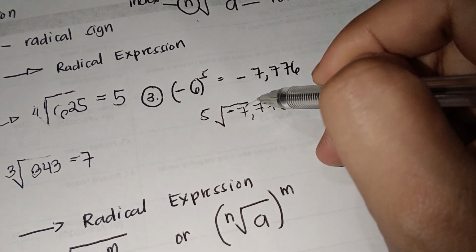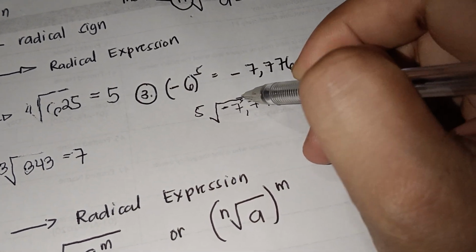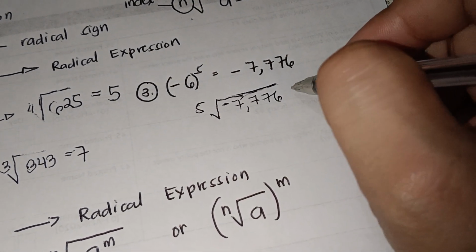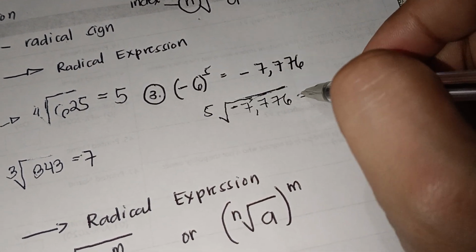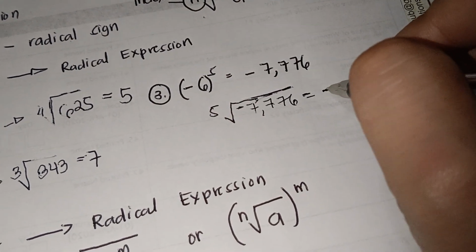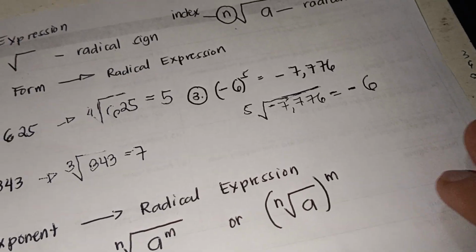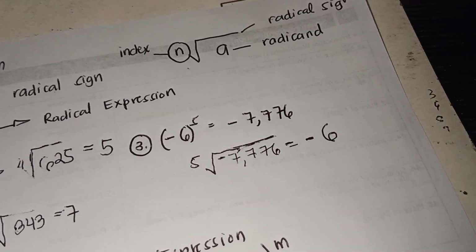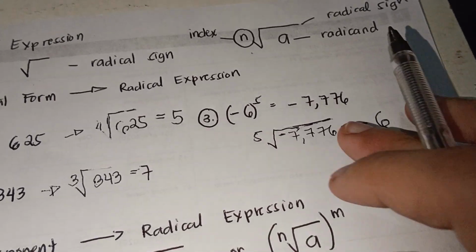Tapos, lakihan lang po natin ng konti yung radical sign natin para abot hanggang dulo po. Then, equals to the base. Equal po yan sa negative 6. So, that is how we're going to solve negative naman po na base sa radical expression po.